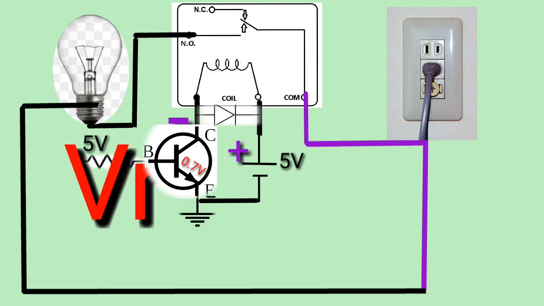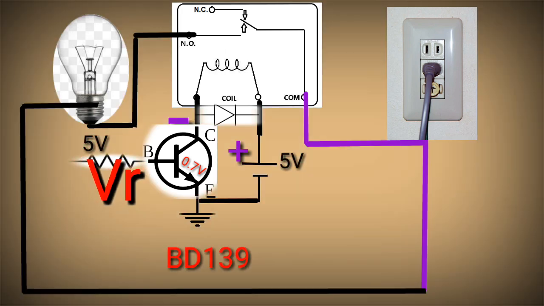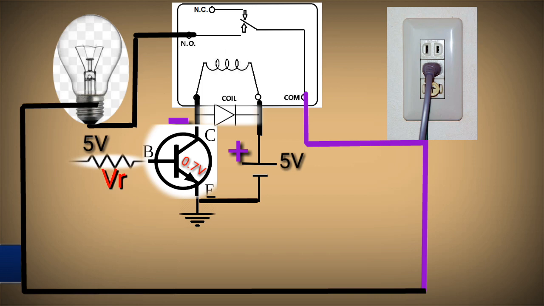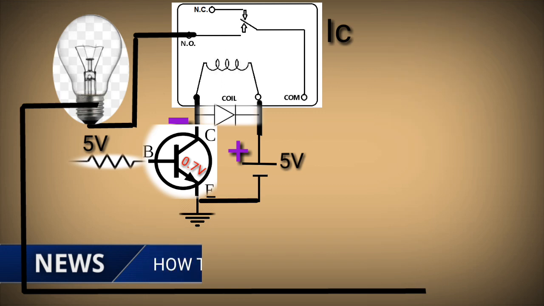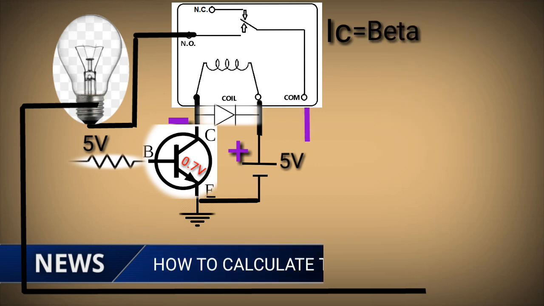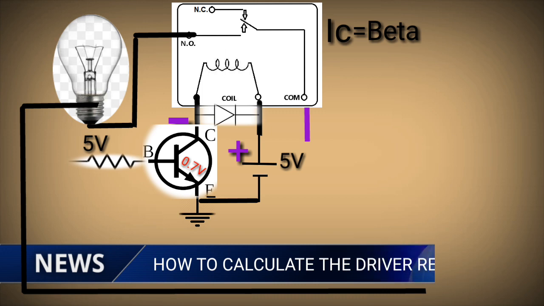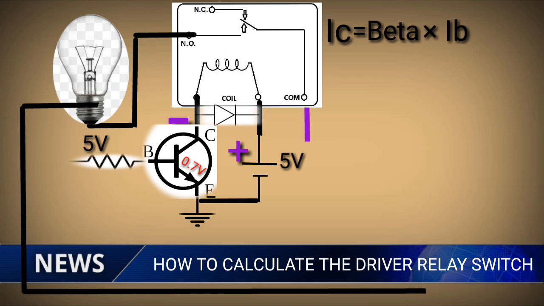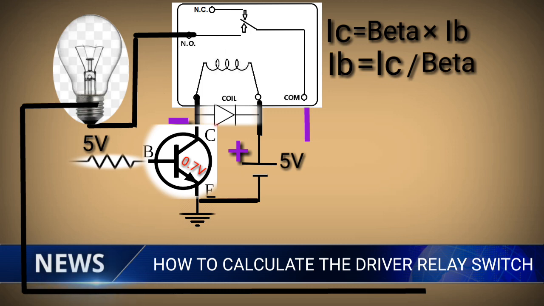Then the voltage drop at the base bias resistor. Now, let's begin calculating the circuit by using this formula. IC equals beta, the current gain of the BD139, times IB, the base current of the transistor. Then simplify the equation: IB equals IC divided by the current gain, beta.